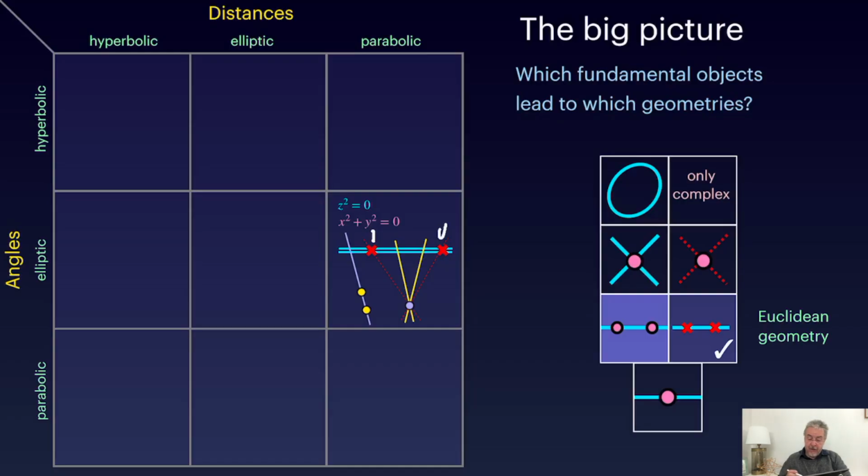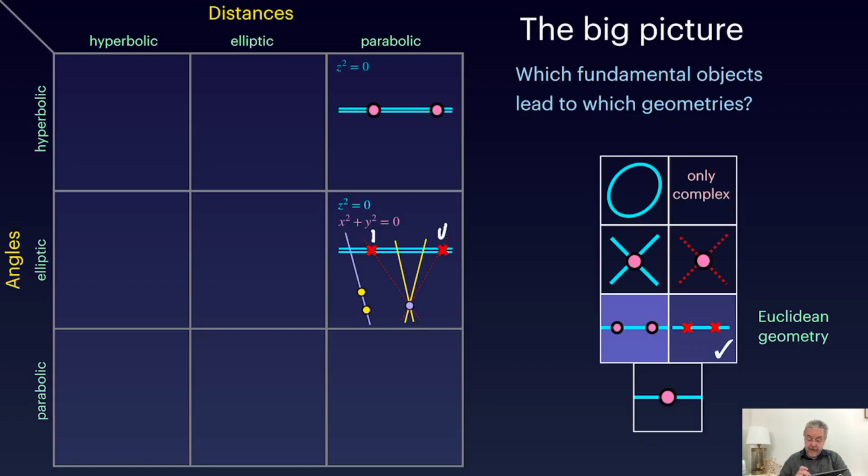You may already imagine where this is located in our table, because here we had two complex conjugate points on the double line, and this led to an elliptic angle measurement. Now we have two real points on the double line, which will lead to a hyperbolic measurement. So what do we get?